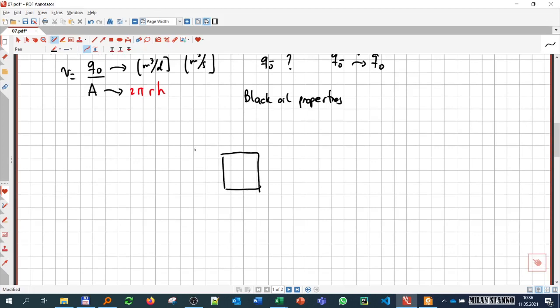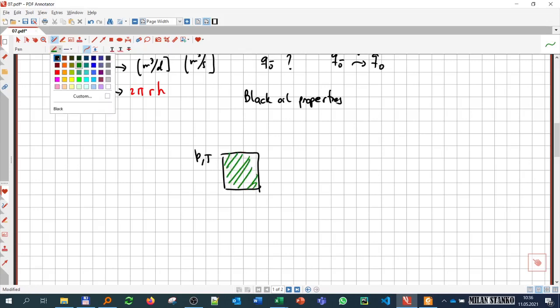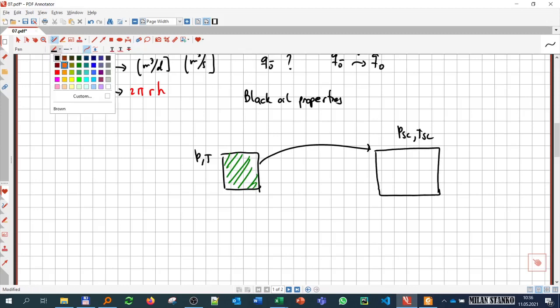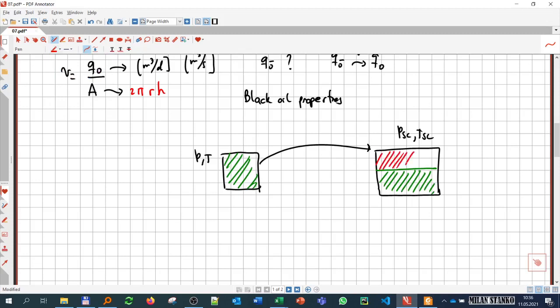Imagine that at a particular pressure and temperature I have some oil, and then I decide to take it to standard conditions, which remember we said is 1.01325 bar and 15.56 Celsius. In that case two things happen: I have some oil, and I also have some gas that is going to come out of solution.